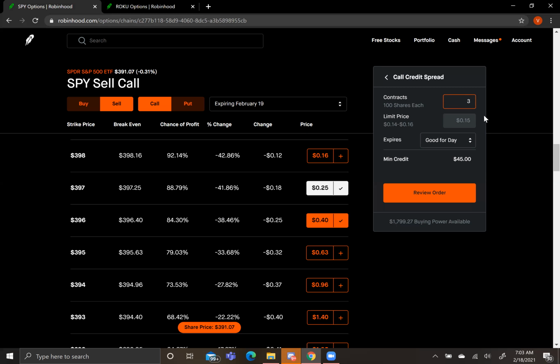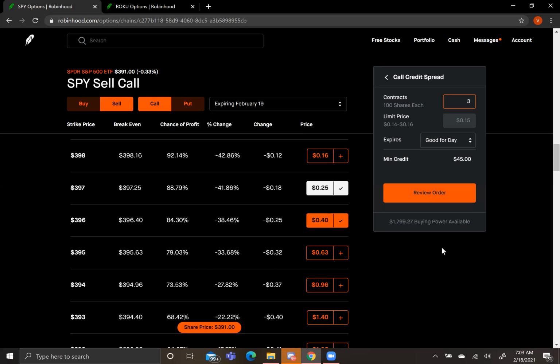So if I were to confirm and review this order and send it through, what initially happens is, $300 out of your buying power goes to Robinhood as collateral, and that $45 is deposited into your buying power right away.